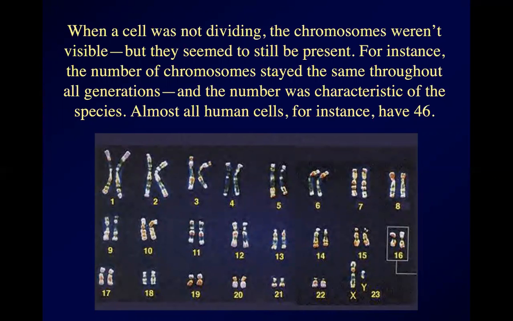You can't see them clearly, but they do seem to be there. One piece of evidence is that the number of chromosomes stays the same throughout all generations, and the number is typical of the species. For example, almost all human cells have exactly 46 chromosomes.